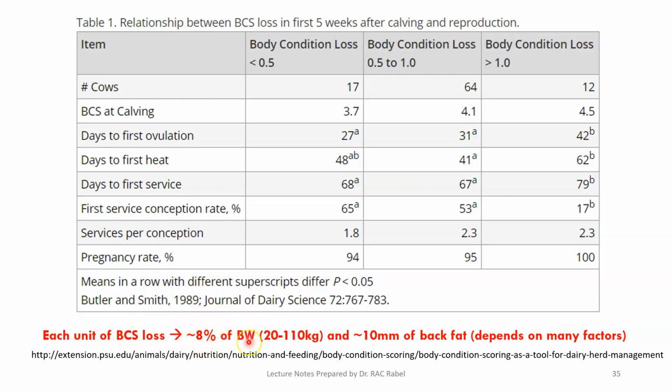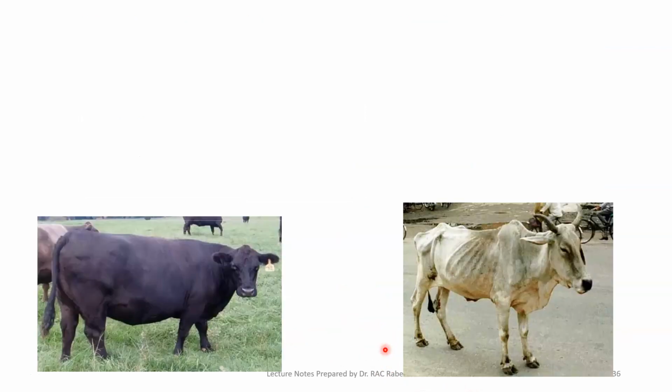So if it's a 500 kilogram animal, and the animal loses body condition score from 4 to 3, how many kilos of fat is that? 8% of 500 kilos, that's about how much? You do the calculation. And generally it is also about 1 centimeter of back fat.